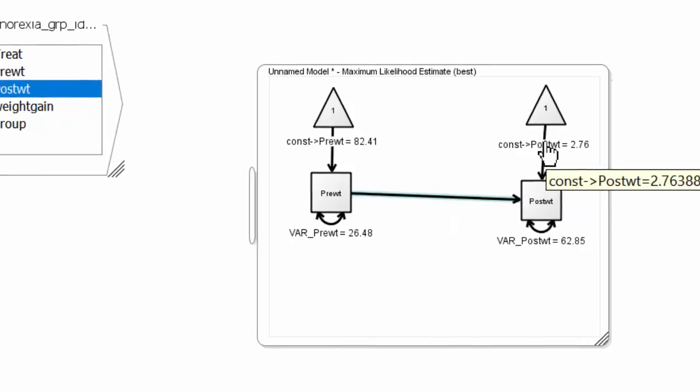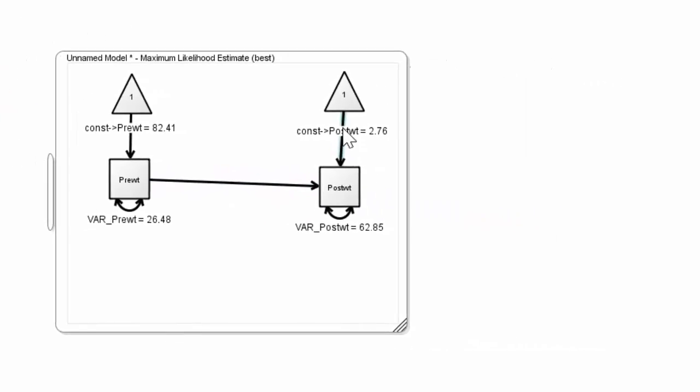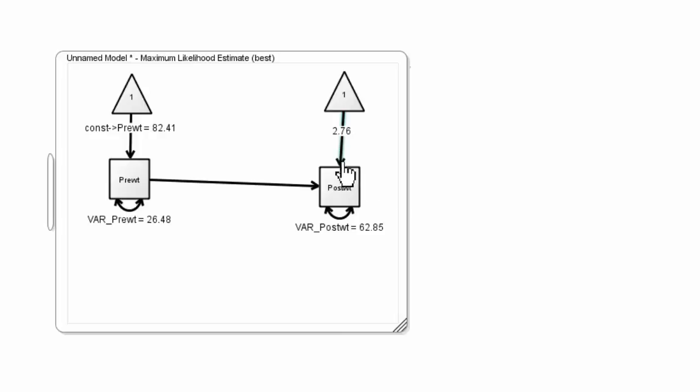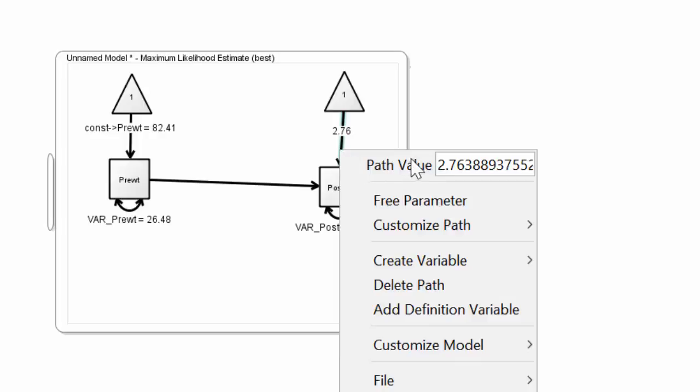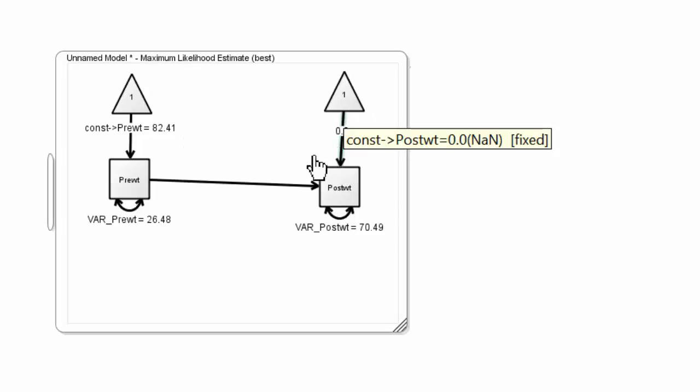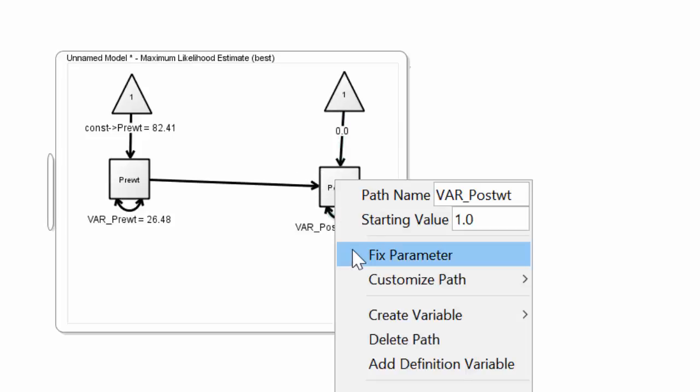Now we're going to set this to 0, and we want to do that so we don't have any intercept. Alright, so we set that to 0, and we want to set the variance here to 0 as well.